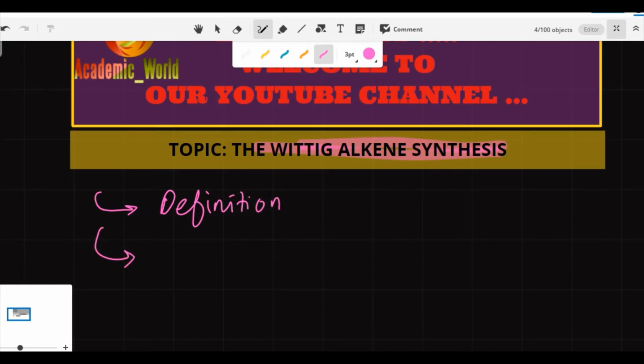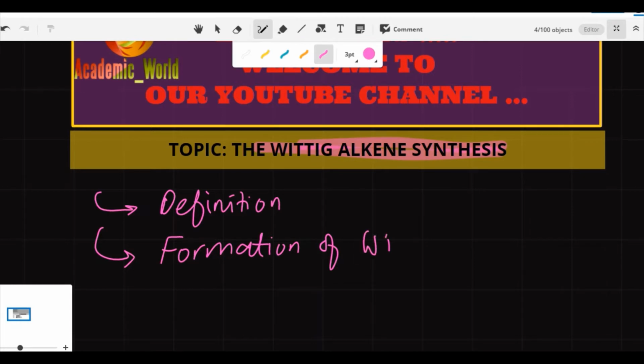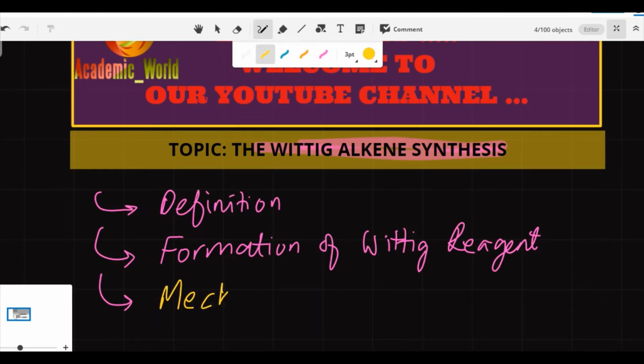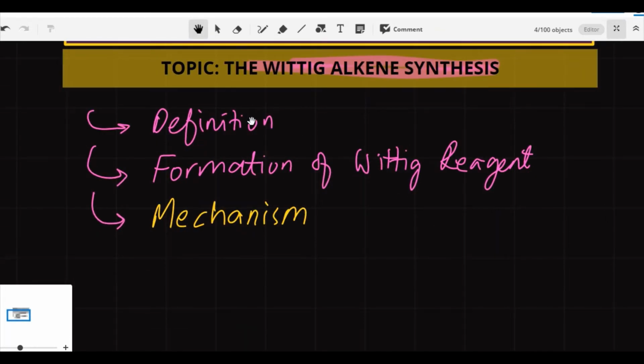The second thing we are going to discuss is the formation of Wittig reagent, and the third thing we are going to discuss is the mechanism of the Wittig alkene synthesis. Okay, so first of all, the definition.